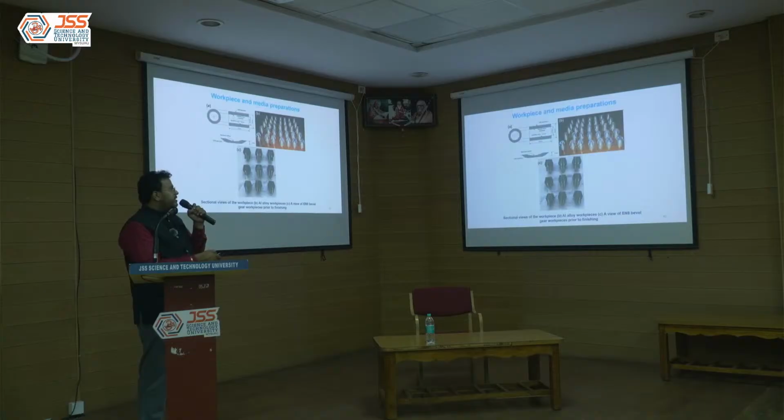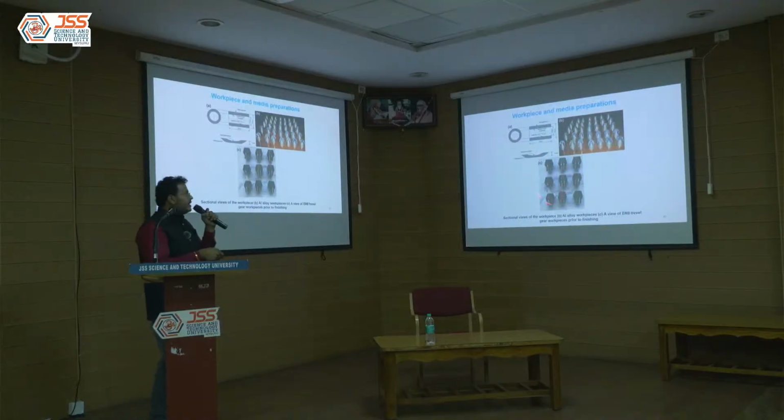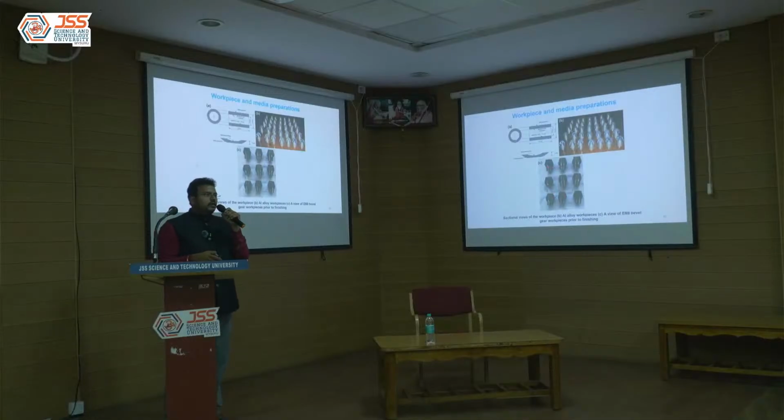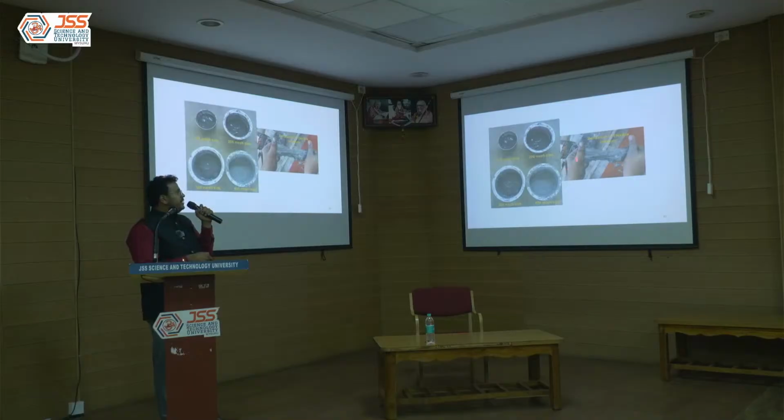Accordingly, we made a strategy for our workpiece preparation and then the experimental setup. These are the workpieces prepared. One is targeted for internal finishing, and the other workpiece, like the bevel gear, is targeted for external finishing using abrasive flow machining. The media is prepared using 150 mesh, 200 mesh, 300 mesh, and 400 mesh.